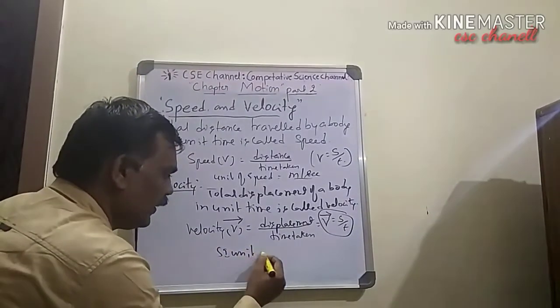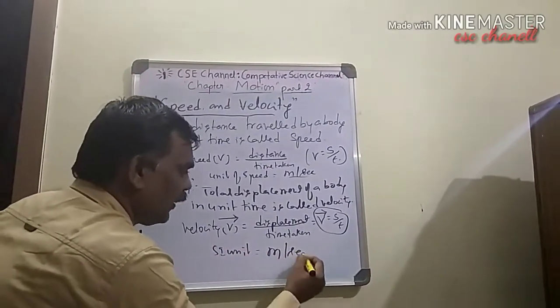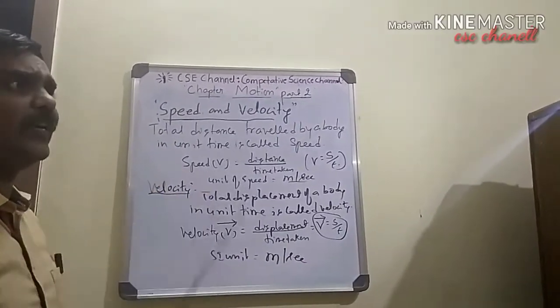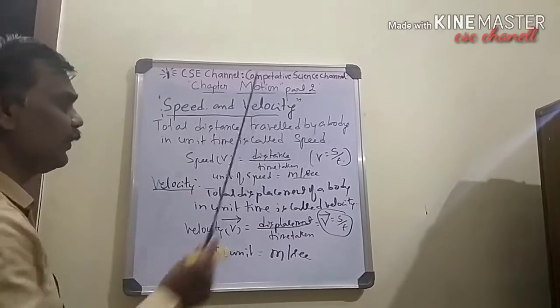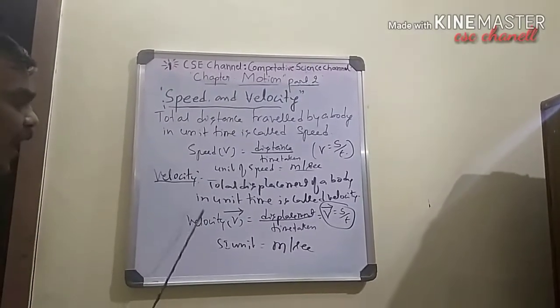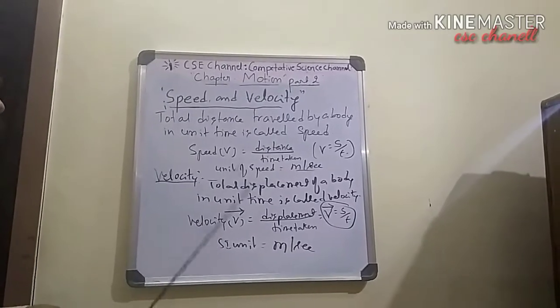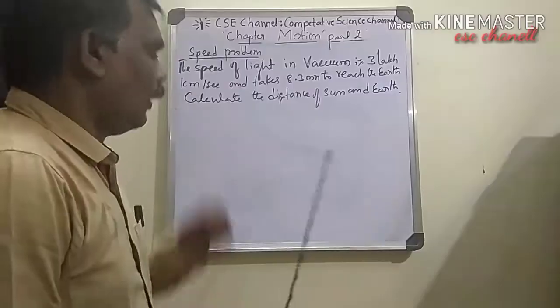The SI unit is meter per second. Here, speed is a scalar quantity which has only magnitude, but velocity has both magnitude and direction, hence it is called a vector quantity.